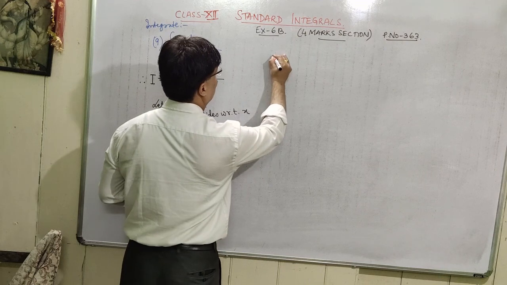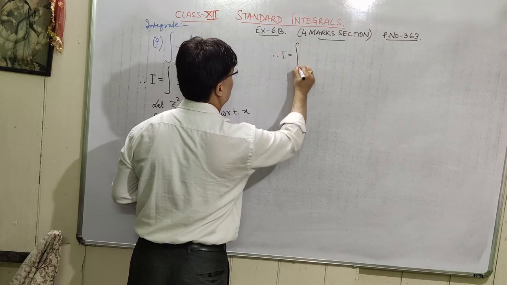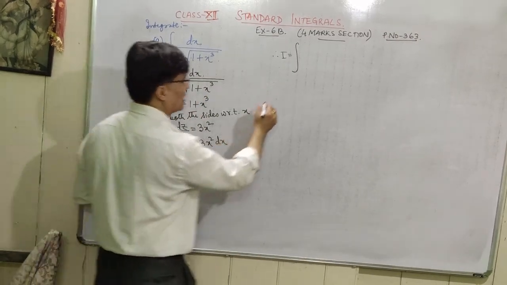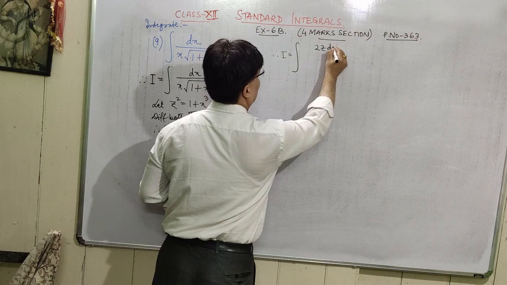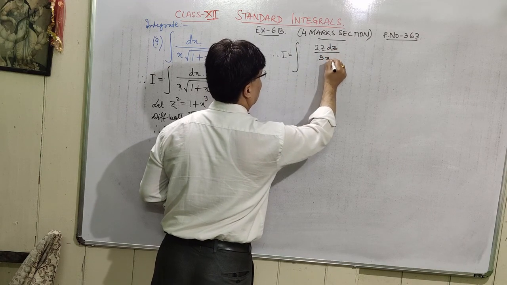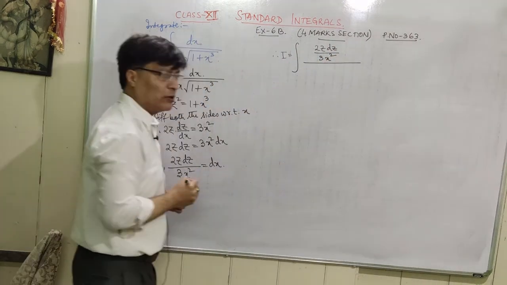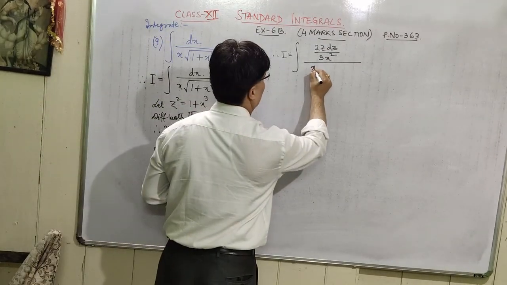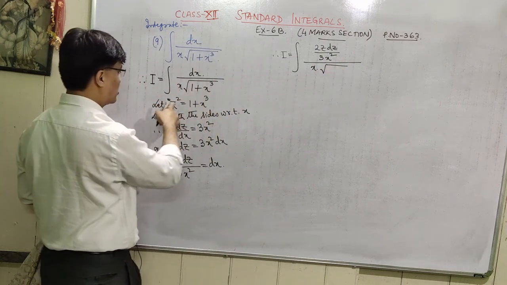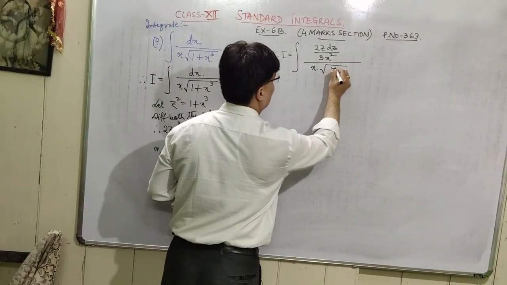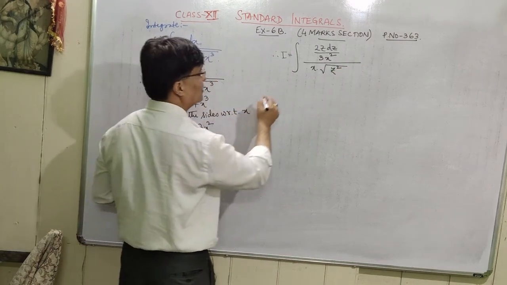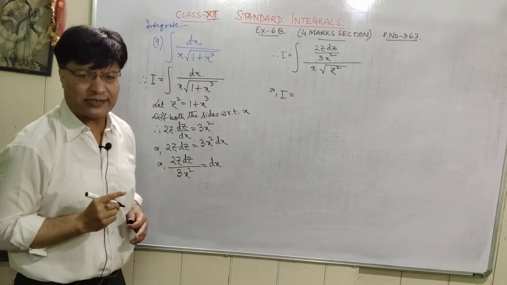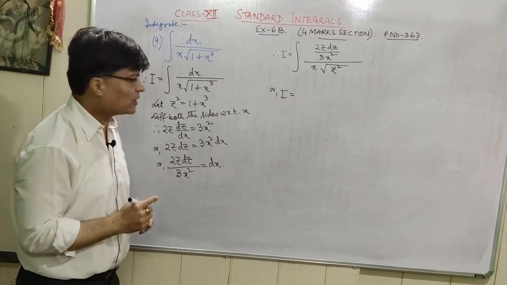So what does I become now? Therefore I is equal to integration of, what is dx? The value for dx is 2z dz divided by 3x square, upon, in the denominator this x, keep it as it is. So it is x, then root over, what is 1 plus x cube? It is z square, right? So here you can put z square. Is that clear? So I is equal to, which is the constant in this case? 2 by 3. So it should be taken outside.